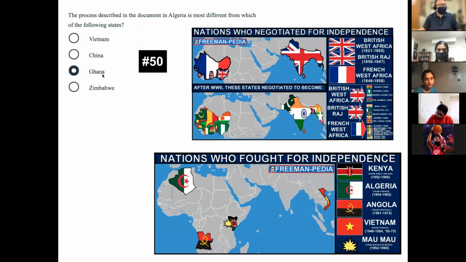Remember, Ghana and India are always the examples of peaceful. These guys are the examples of violent, where the Europeans don't want to go. Okay, so that's what this question was about. Which one of these is not like Algeria? The document was the Algerian National Front.